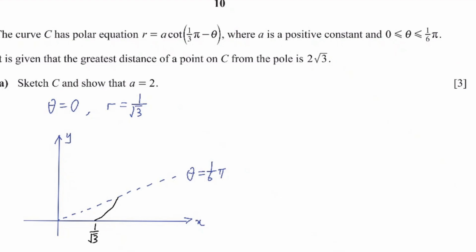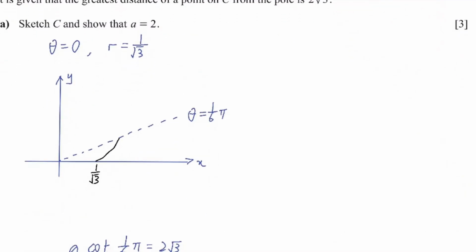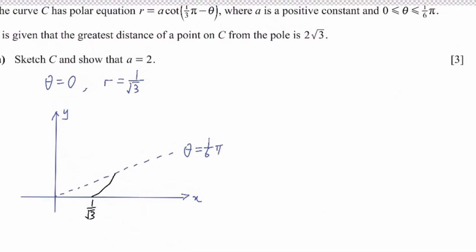How do we show that A is equals to 2 here? We will look at it later, but now let's focus on the sketching part. What happened in this sketching part is that you can see the idea or the logic of the question.